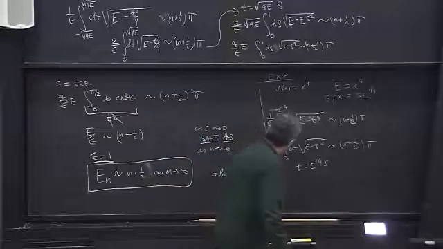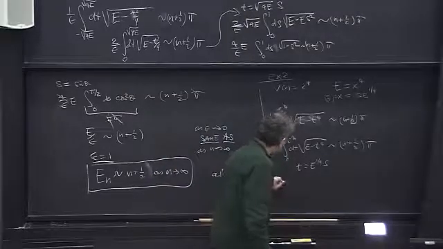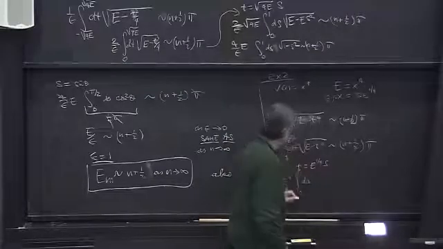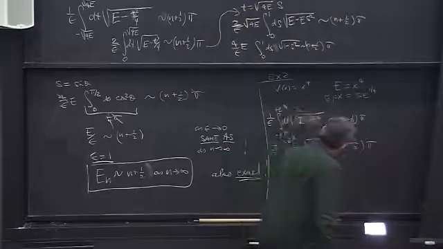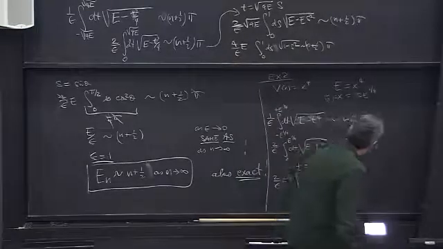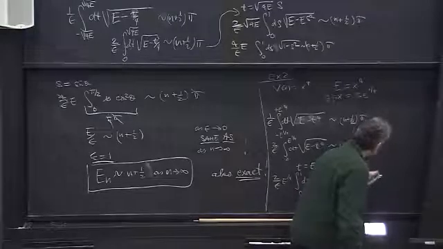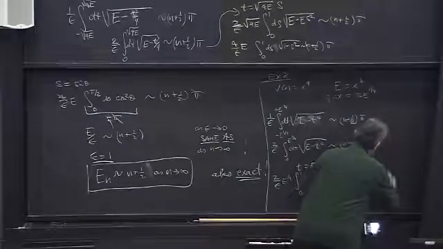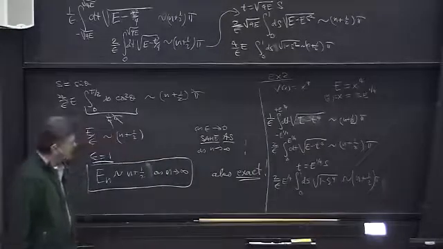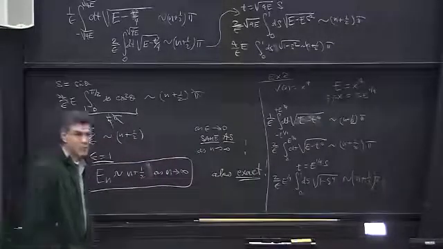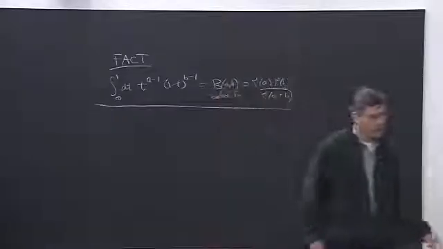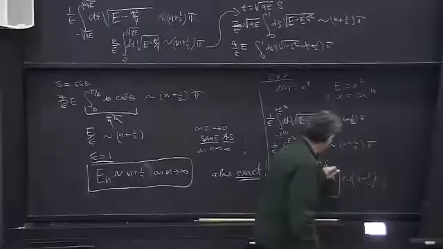So we have 2 over epsilon, e to the 1/4, and this is an integral from 0 to 1, ds, square root of 1 minus s to the 4th is asymptotic to n plus a half pi. Okay, that's the problem. So we need to know how to evaluate this integral here.